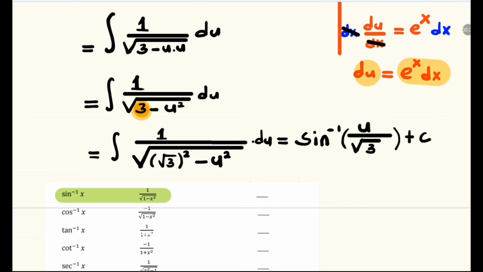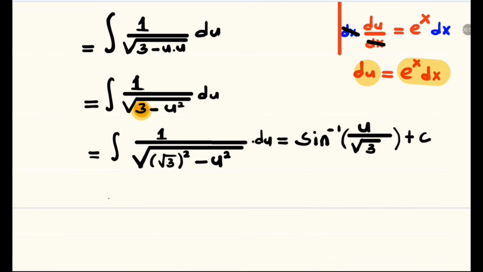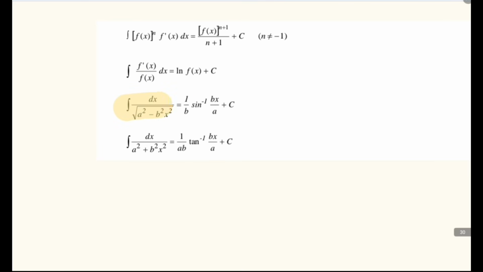I think this formula is available on the N6 question paper, and this will be equal to, so in the place of the u we substitute back, so we have the arcsine of e raised to the power x divided by the square root of 3 plus the constant c. The full formula to determine this is only available in the N6 question paper. Moving on to the next question.